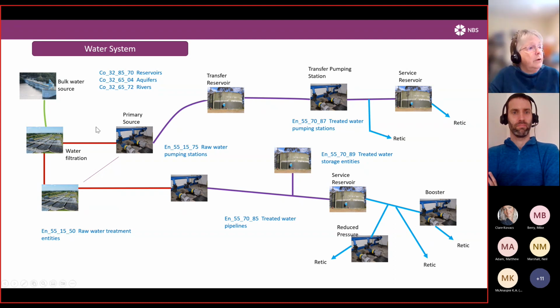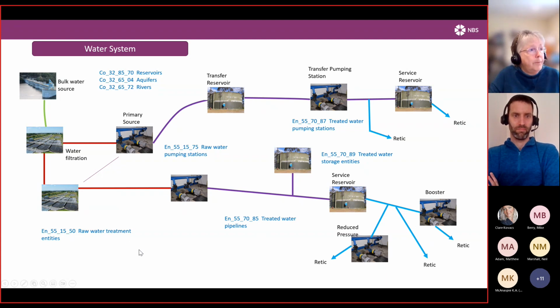And then you've got the option to put in raw water pumping stations, treated water pumping stations, treated water pipelines, treated water storage entities, and the raw water treatment entities here.